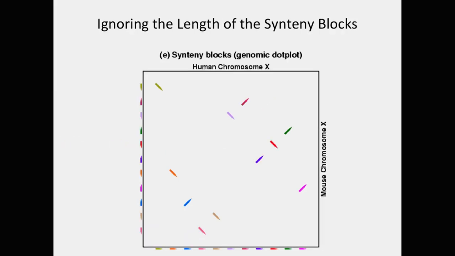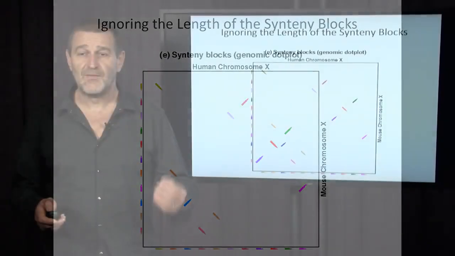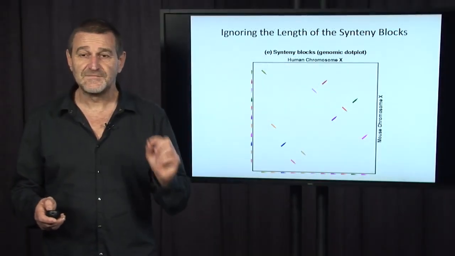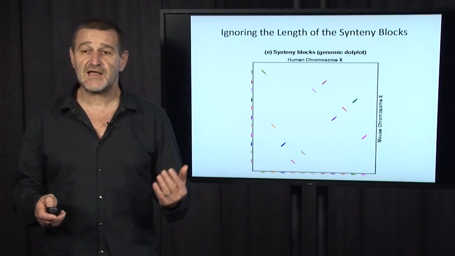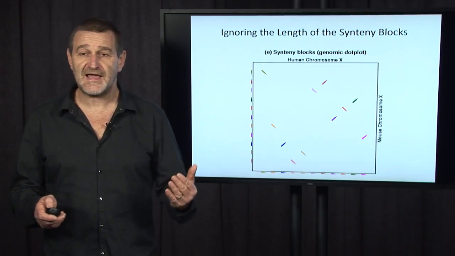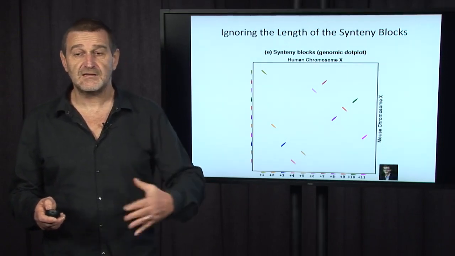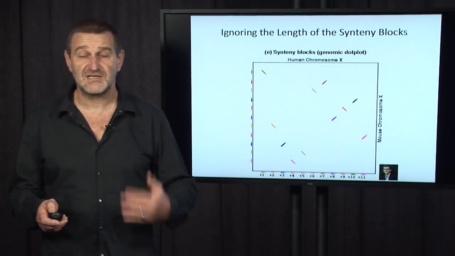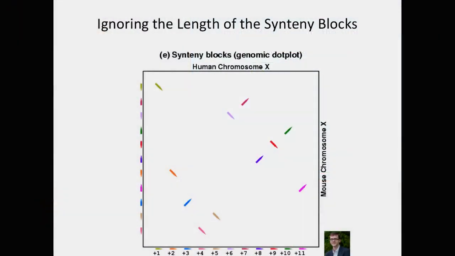So let's represent each block by a diagonal of the same size. And once again, if we project these blocks in 2D to the x-axis, we will get the arrangement of Synteny blocks in human. And if we project them to the y-axis, we will get the arrangement of Synteny blocks in mouse.